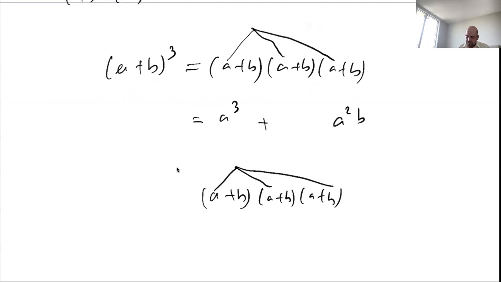Another way is that I can choose brackets, let's say 2 and 3, to choose a from them, and I choose b from the first bracket. That's another a squared b term. And another a squared b term is if I have a from the first and third bracket, and I choose b from the second bracket. Then again, I get a squared b term. So in total, I will have 3 a squared b terms.